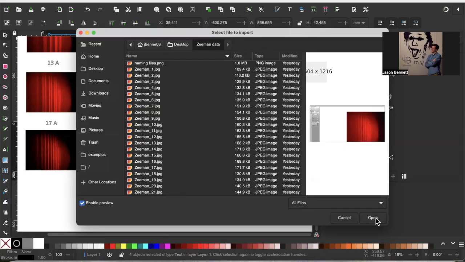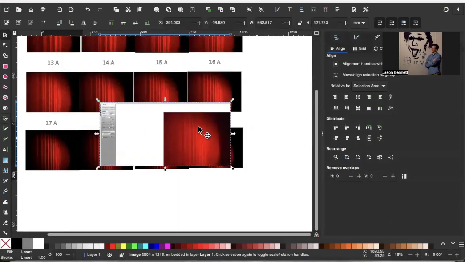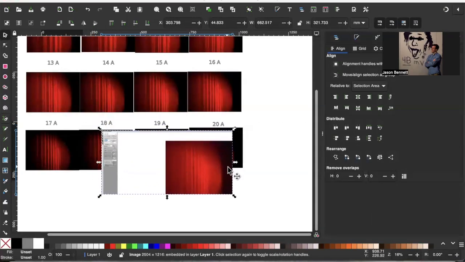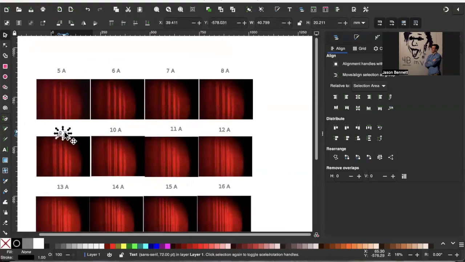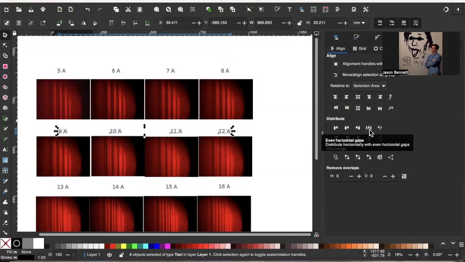So I thought it would just be way easier if I uploaded everything. So now I'm just kind of aligning things to make it nice before I start analyzing my data. I'm going to shift click all these objects. Then I'm going to align them, and then I will distribute them vertically. And I'm going to do the same thing with these.